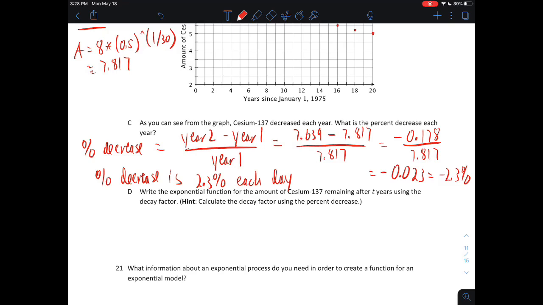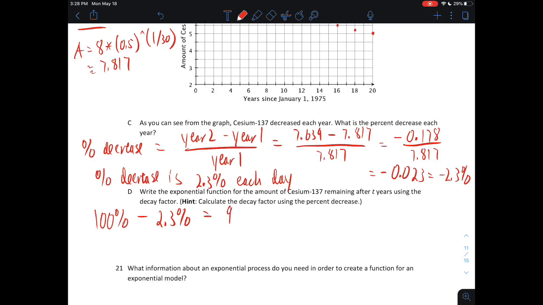So now part D. Write the exponential function for the amount of cesium-137 remaining after t years using the decay factor. Hint, calculate the decay factor using the percent decrease. So I need to start with 100%, and I need to decrease by the 2.3% that it goes down every year.